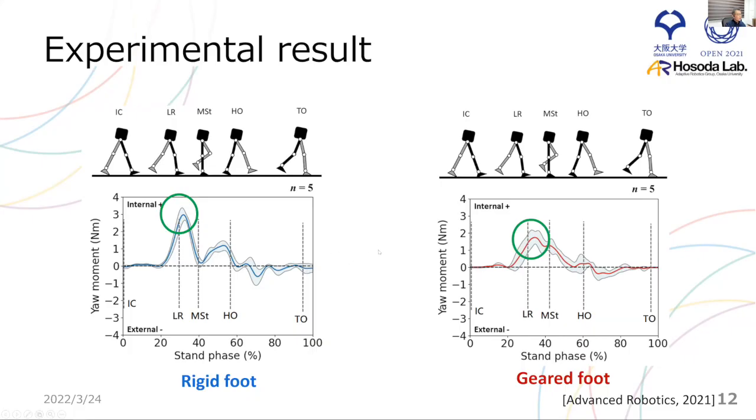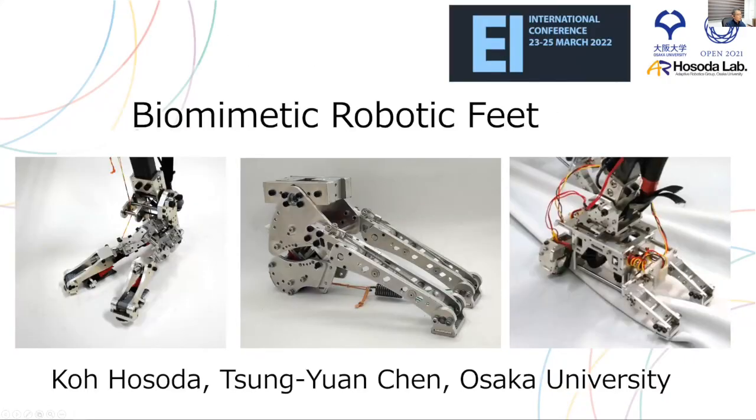So by constructing the feet one by one, we can investigate the effect of having a complicated structure, a complicated mechanism, to support the robot without any calculation or computation. This is a very good example of embodiment contributing to the stability of the motion. Thank you very much.